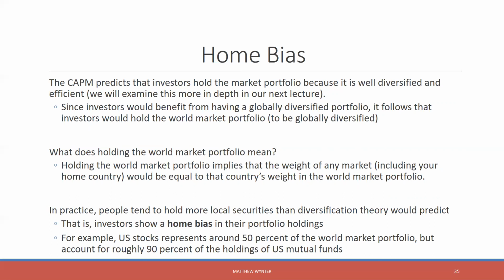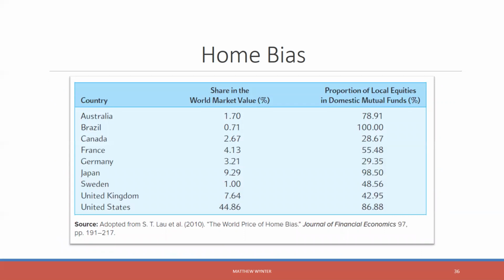That is, investors show a home bias in their portfolio holdings. For example, US stocks represent around 50% of the world market portfolio, but account for roughly 90% of the holdings of US mutual funds. So this figure is showing you the share in the world market portfolio, and then the proportion of local equities that domestic mutual funds invest in.